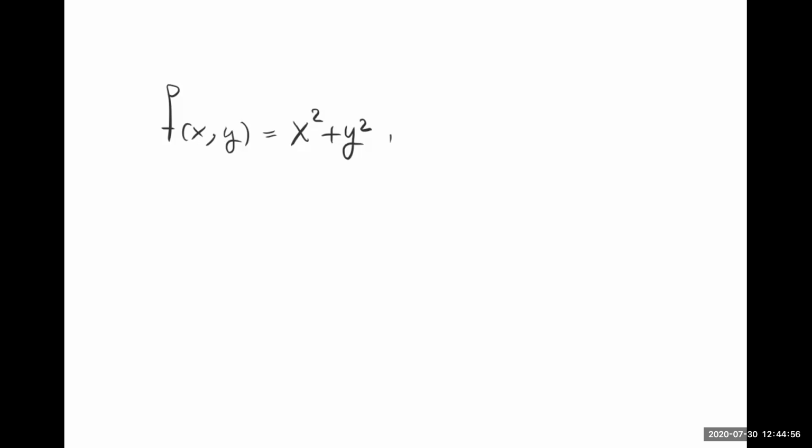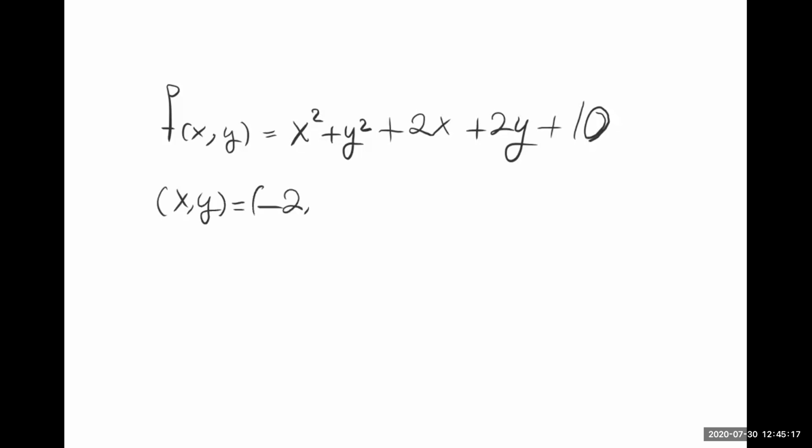So suppose you have a function like this, x squared plus 2x. Yeah, you should look at the second derivative. Plus y squared plus 2y, say plus 10, okay? And you want to see where is the max. I would claim the max happens at the point x and y equals -2, -2, right?